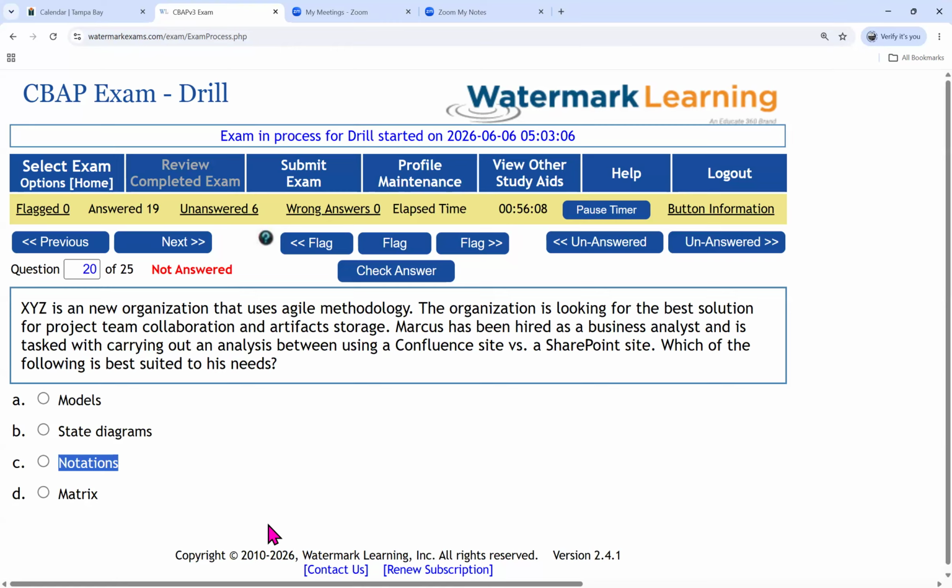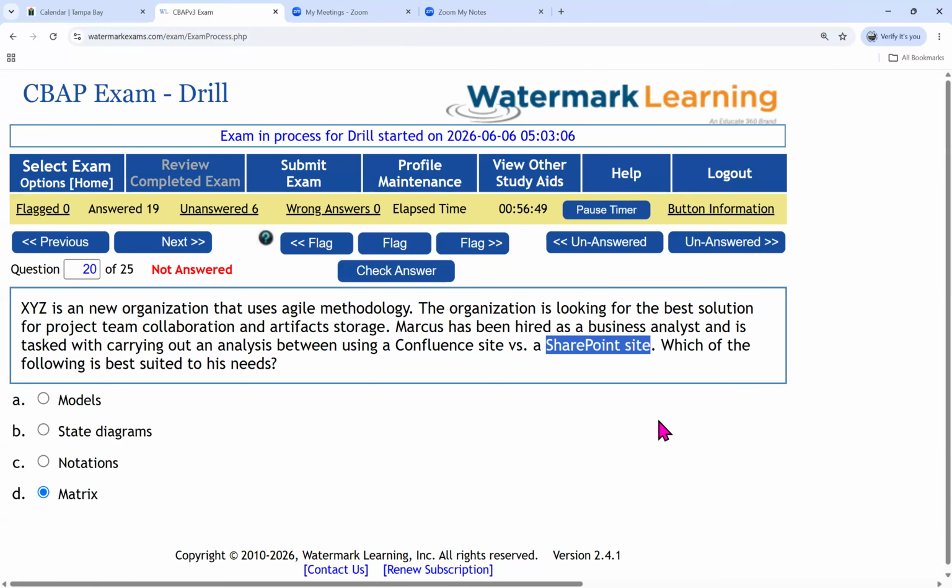Matrix. I don't understand the question. The question is, he's got to do a comparison between what the business needs and two possible solutions. Which of the following is best suited to his needs? So he wants to compare the Confluence versus the SharePoint. He wants to compare their abilities, not their layout.